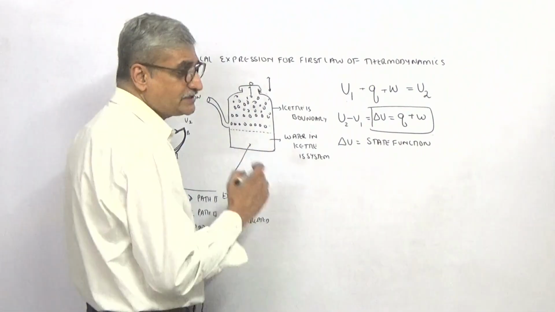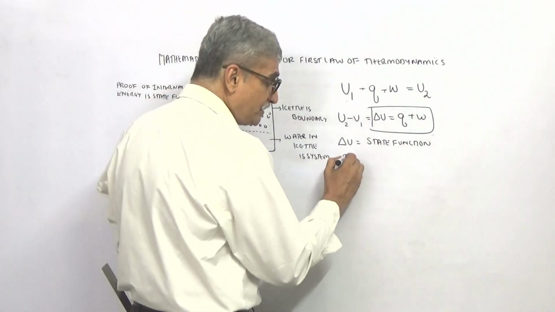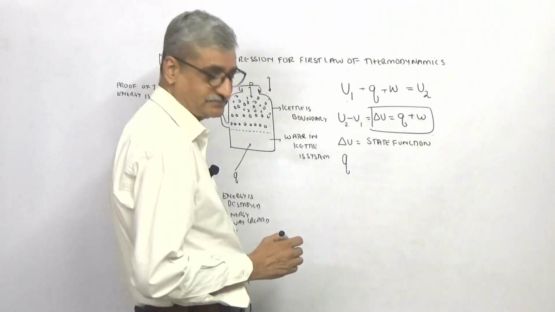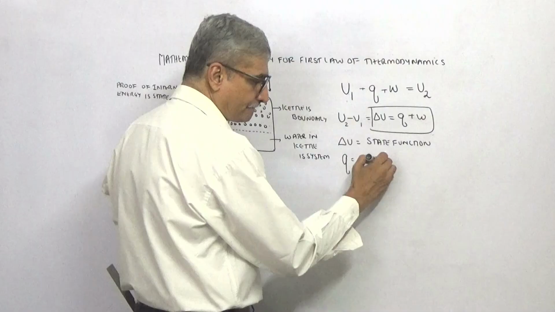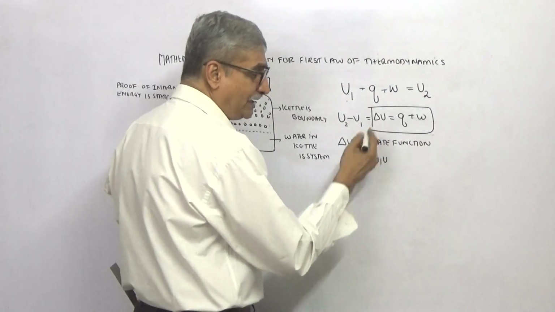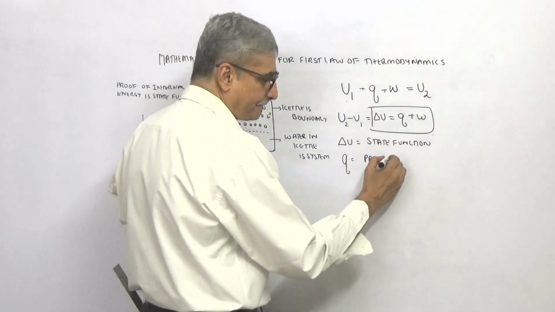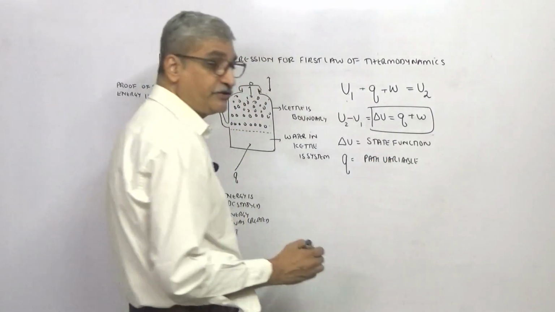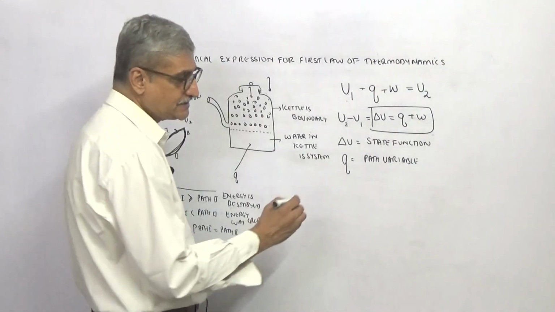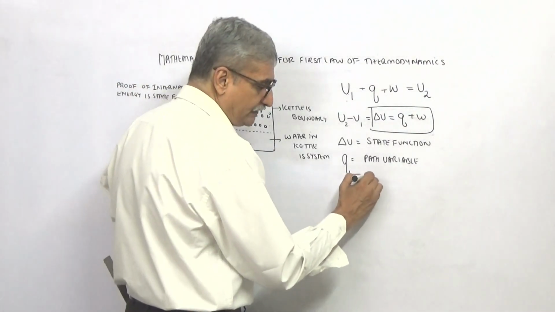Okay, delta U is a state function, but Q is not a state function. Q is a path variable. Q and W are path variables, that's what I have to tell you. If Q is a path variable, then what is the sign convention that we have?